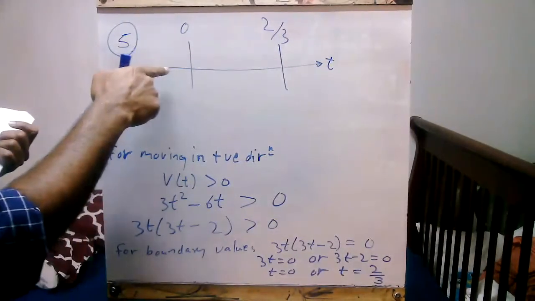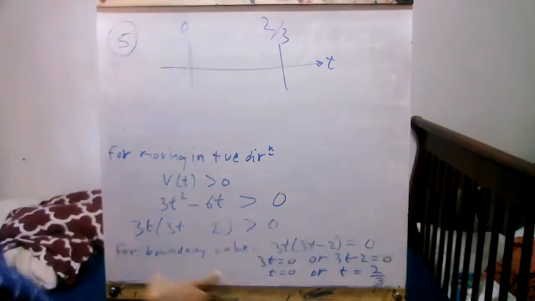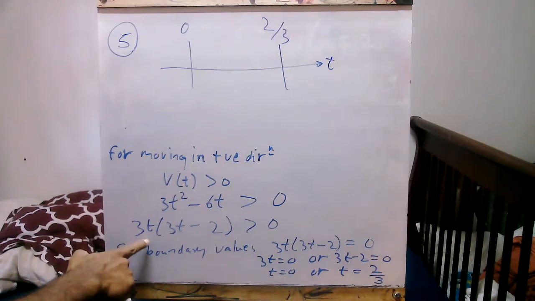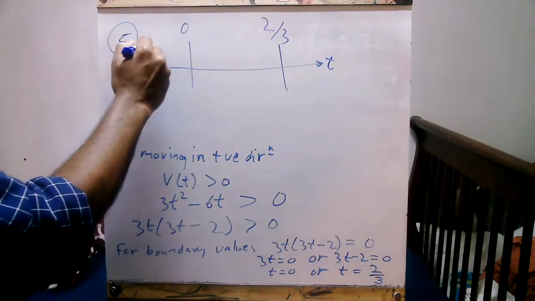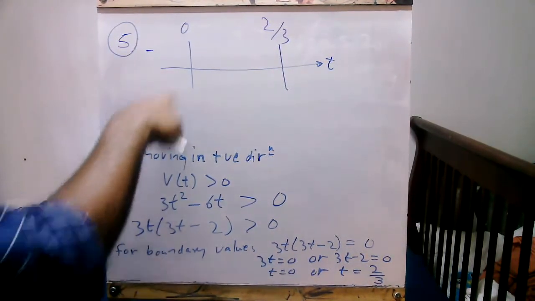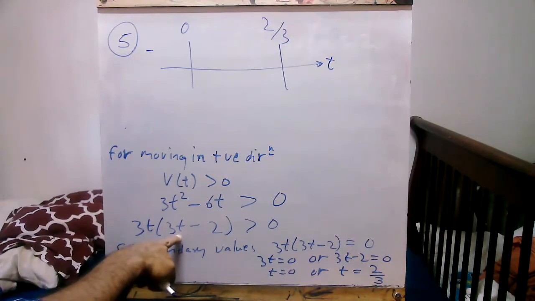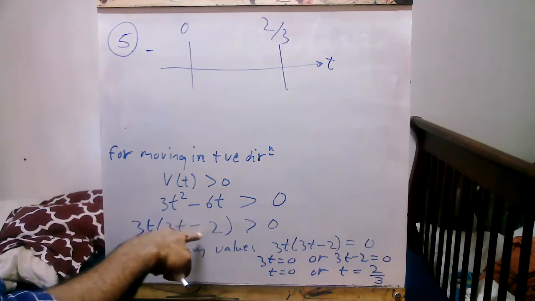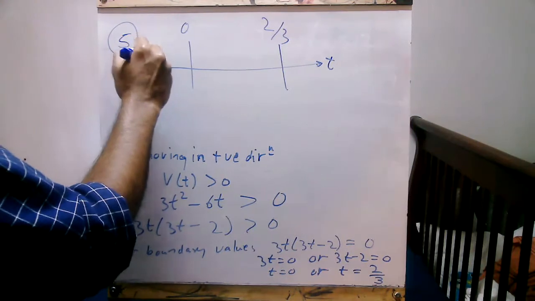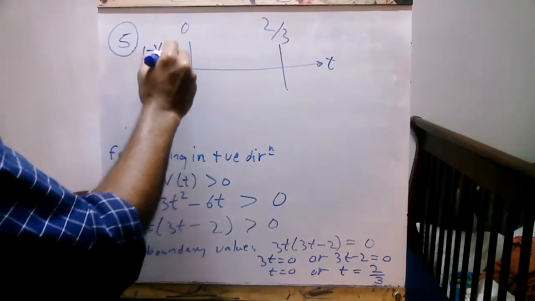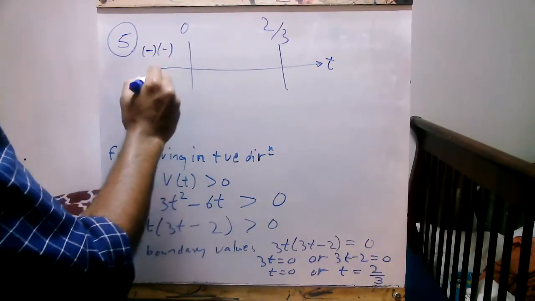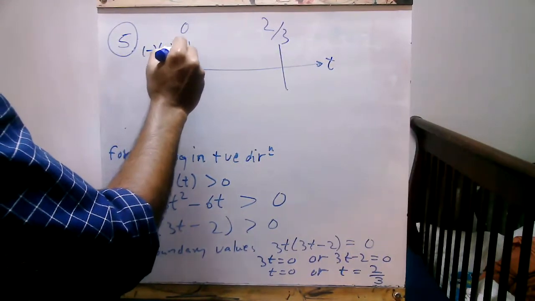When t is less than 0, we can substitute a negative value, say negative 1. When this is negative 1, this is negative 3 minus 2. Again, this is also negative. So this is positive.